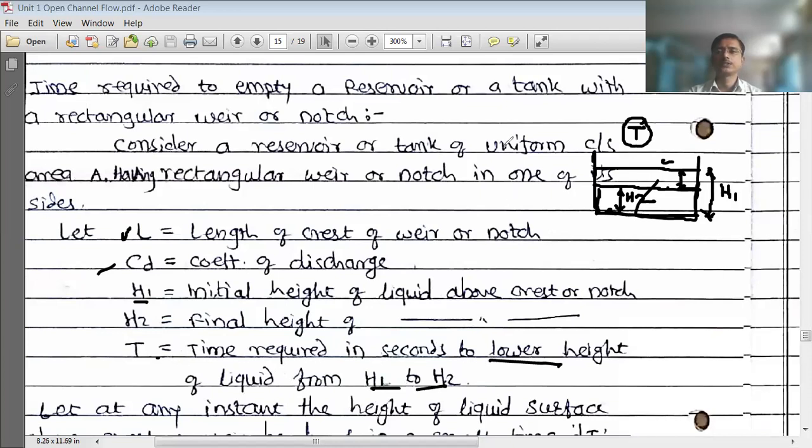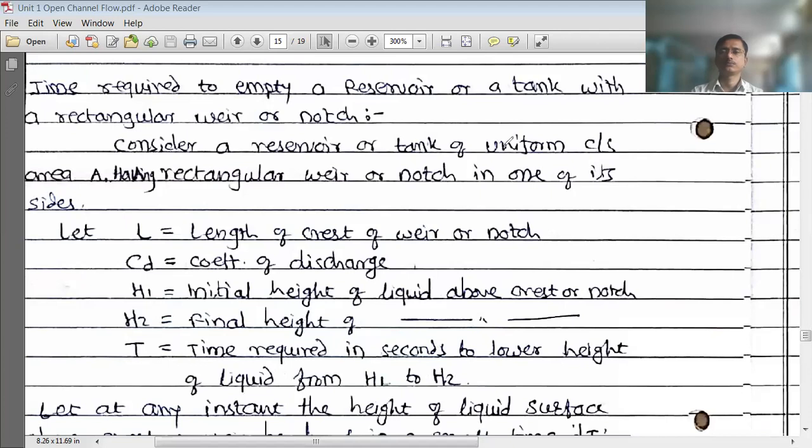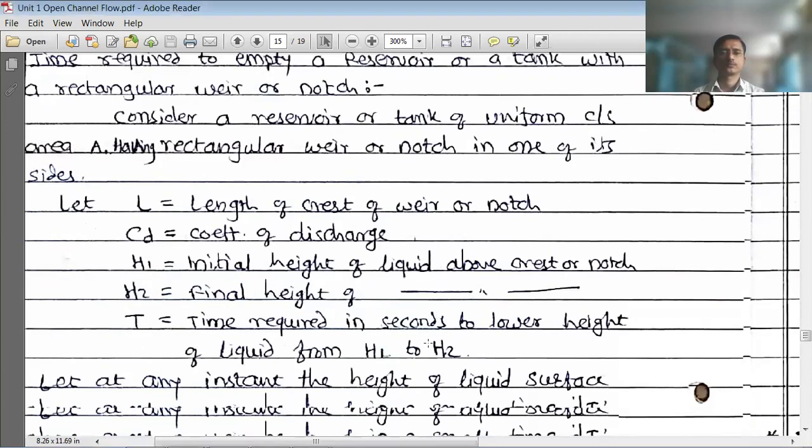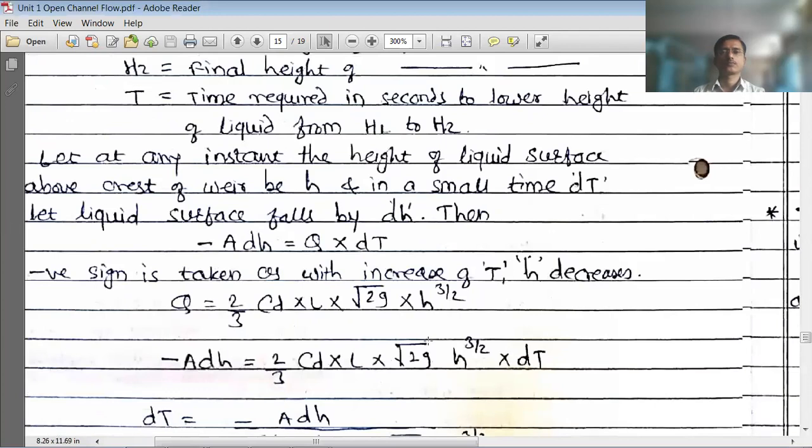For this purpose, what do we do? Let us consider a small strip in that particular weir or notch, as shown in the diagram here.